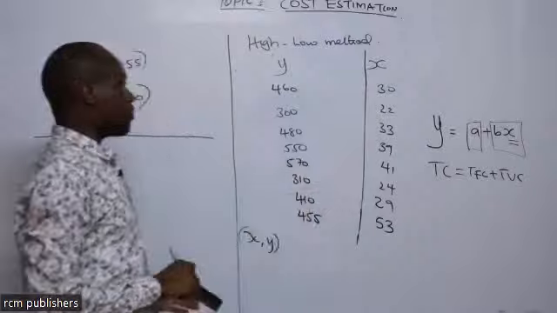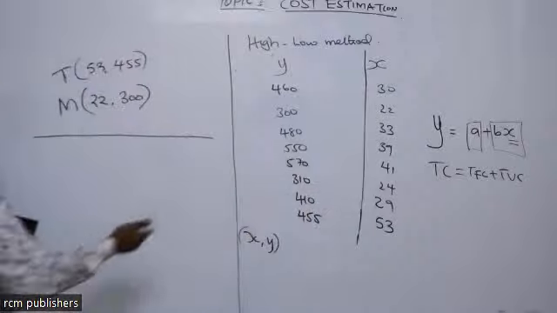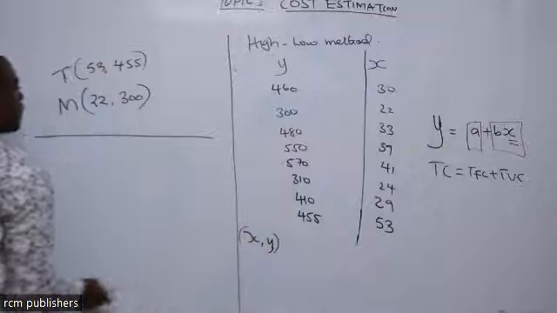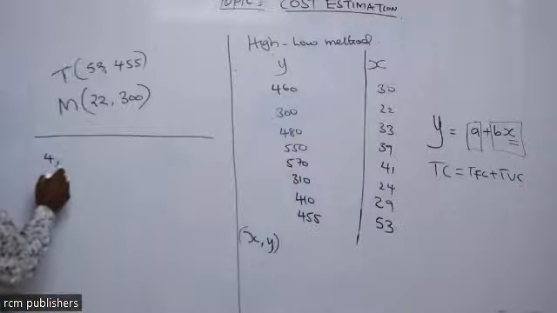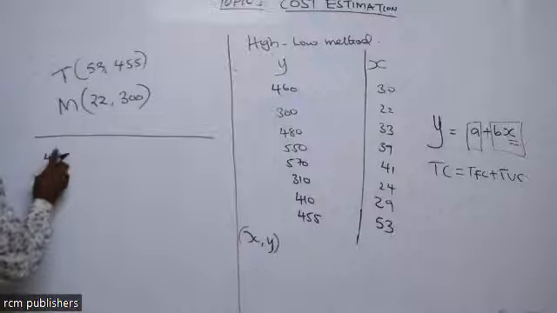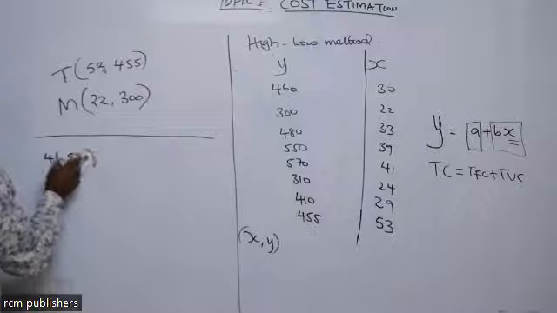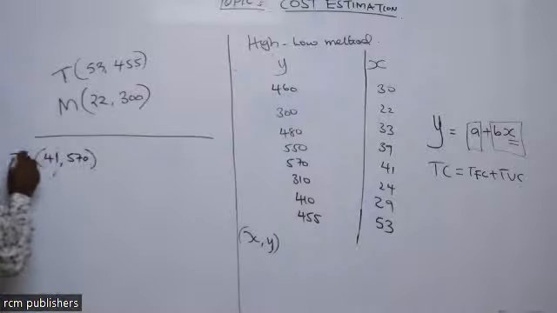Another person will say, okay, this is y. So the highest value in this place here is 570. So they take 41, 570. They call it T, that is the highest.